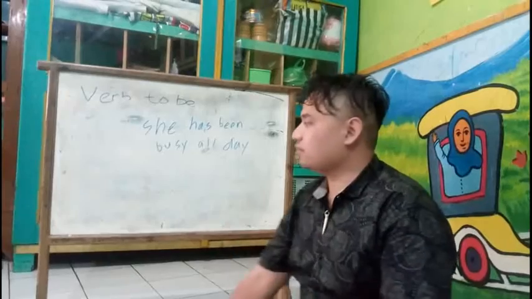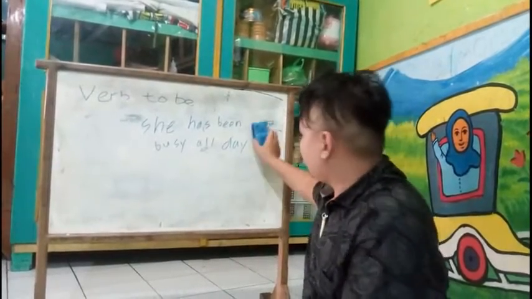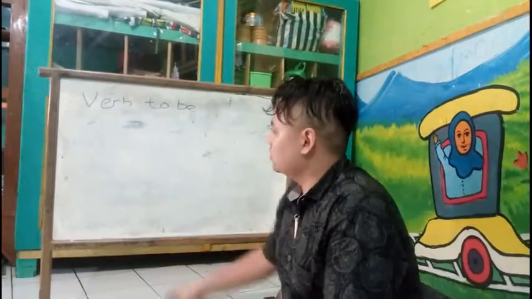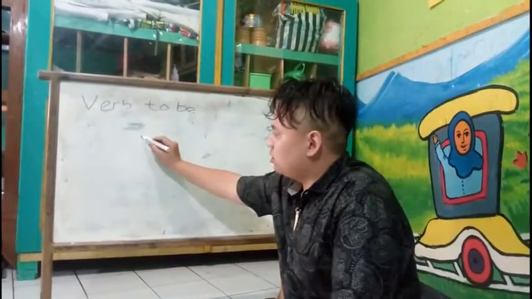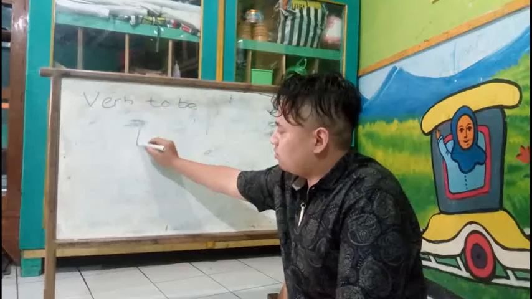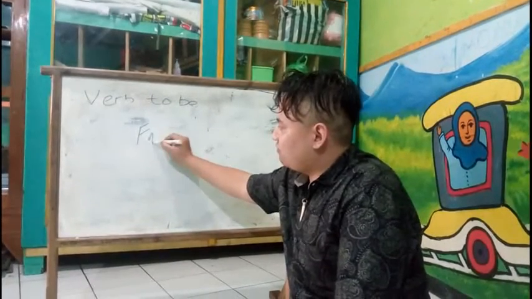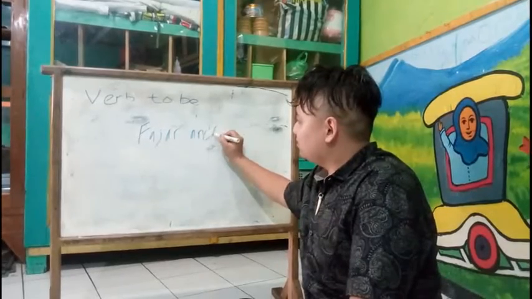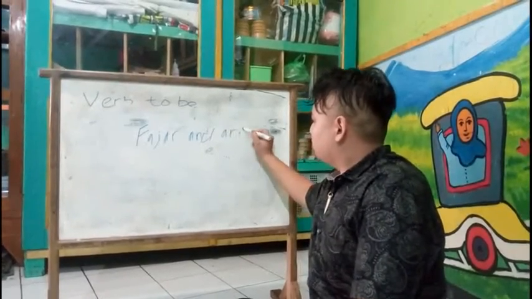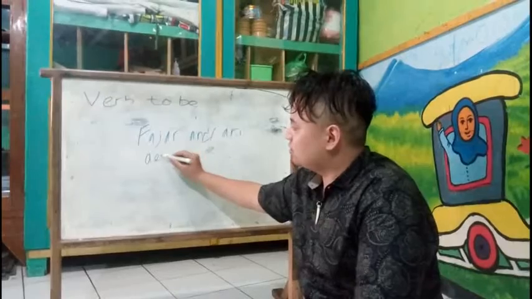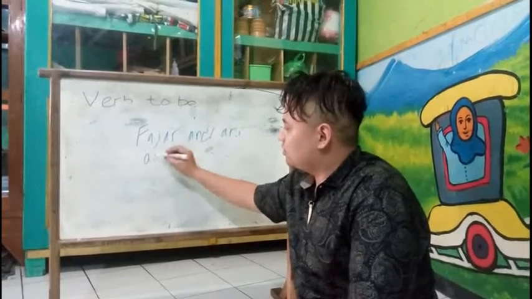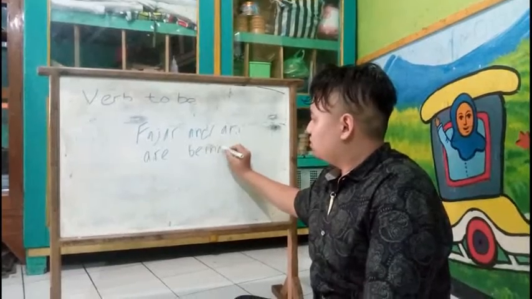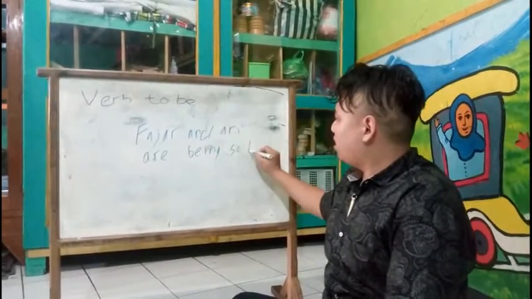For example, a sentence that uses being: Fajar and Ari are being so helpful.